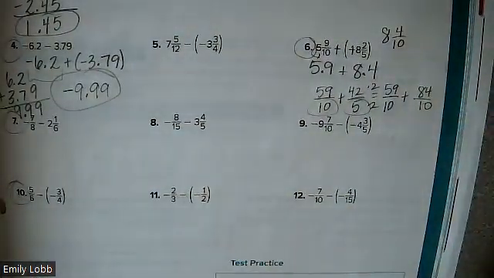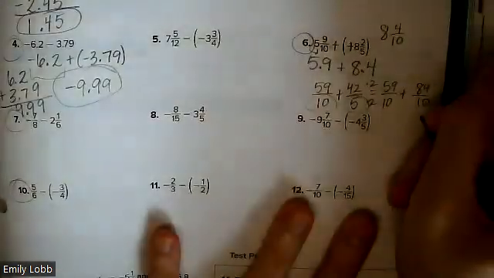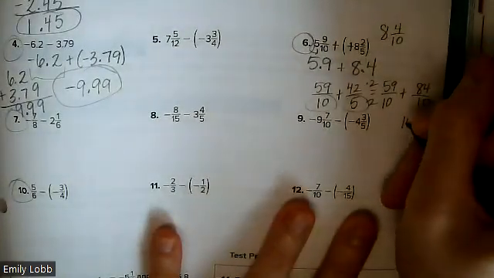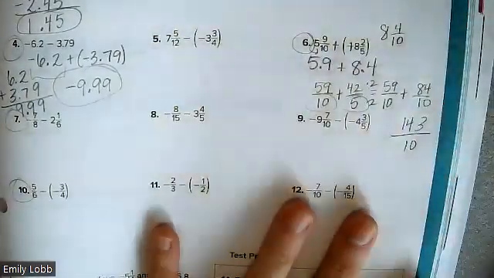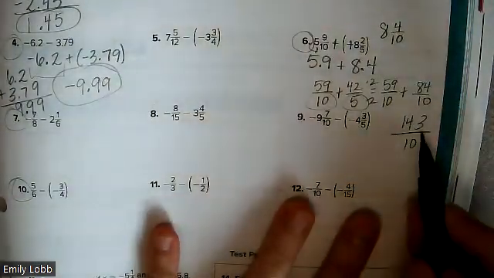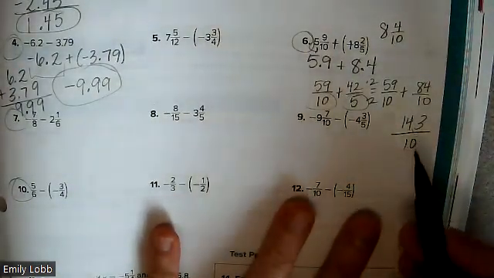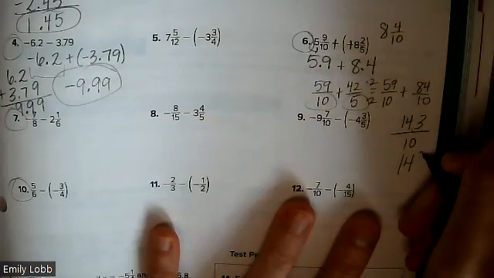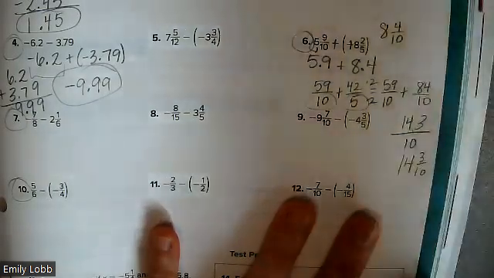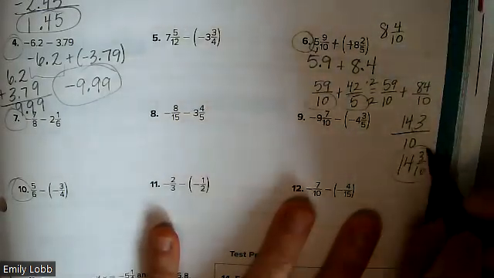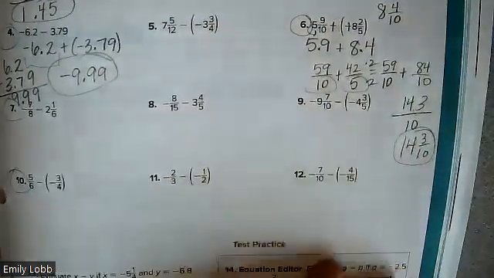Of course, this is a little bit complicated. 9 and 4 is 13. 9 and 5 is 14. When I divide this by 10, I can move my decimal over 1, or I could take out 14 and 3/10. And that's as simplified as that fraction gets.